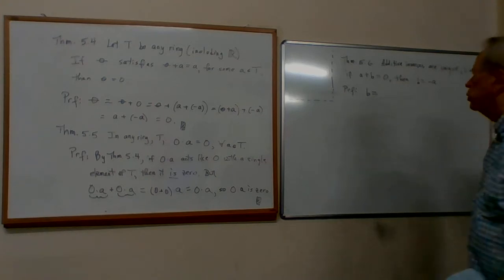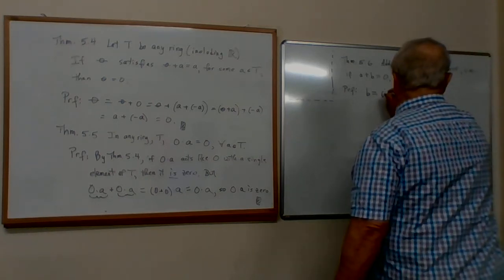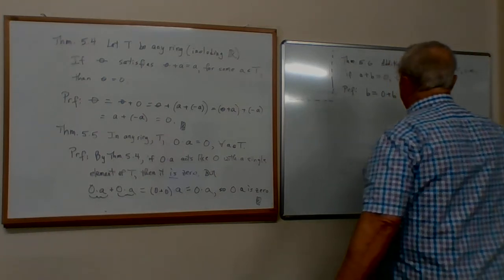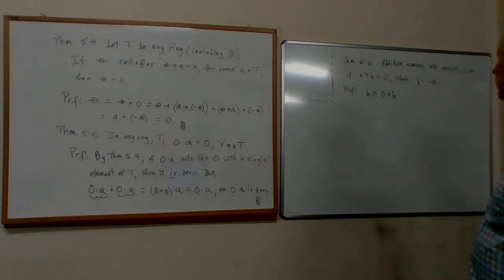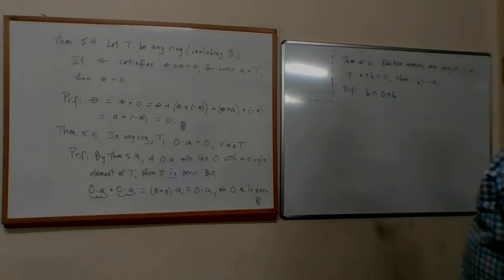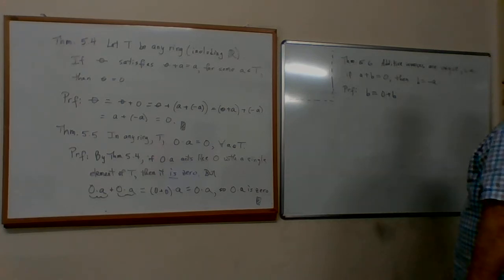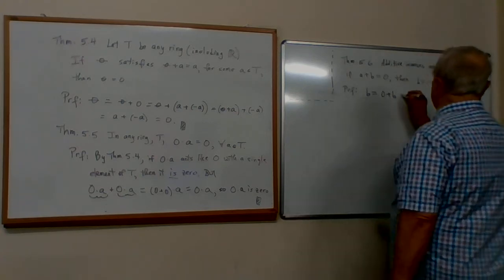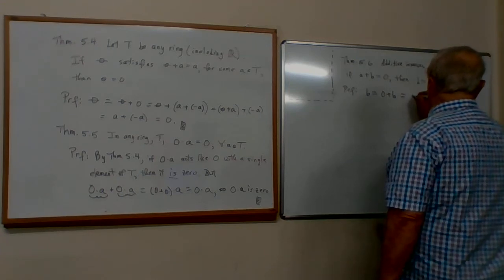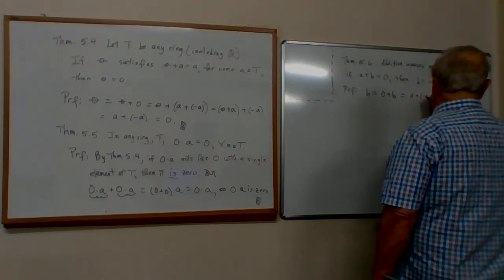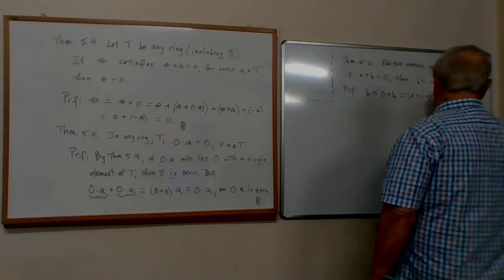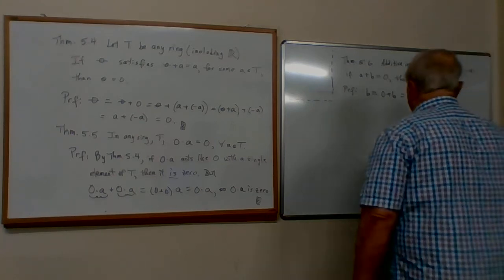Of course it's true. That's the defining property of 0. But how am I going to write 0? Well, I'm going to write 0 as A plus negative A. And oh yeah, I've got B on the end.